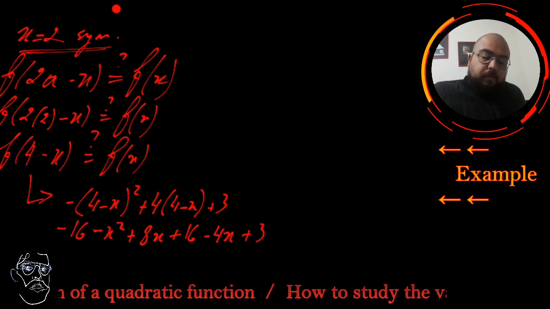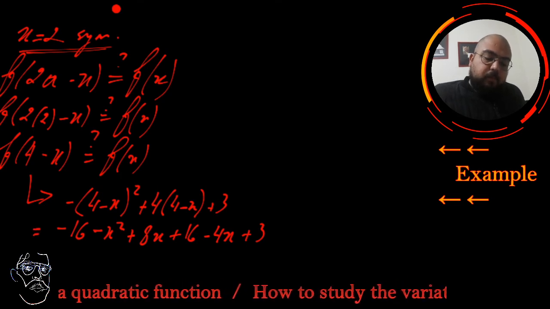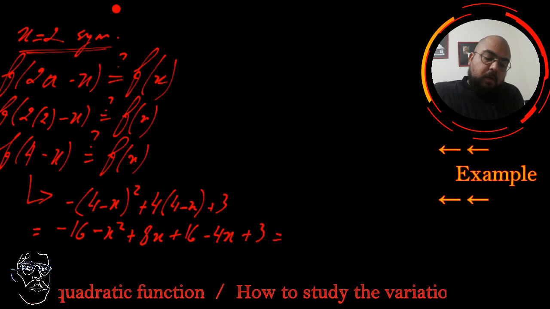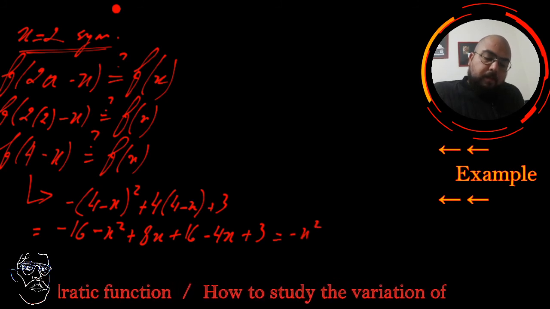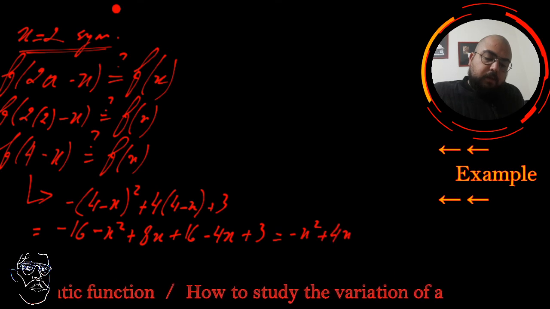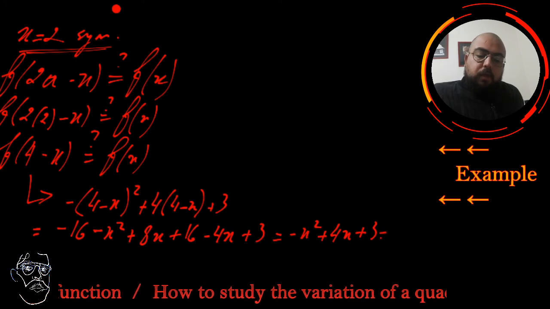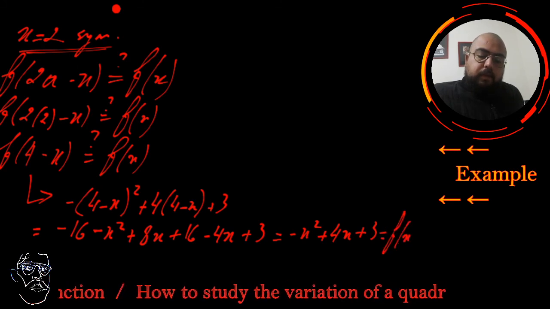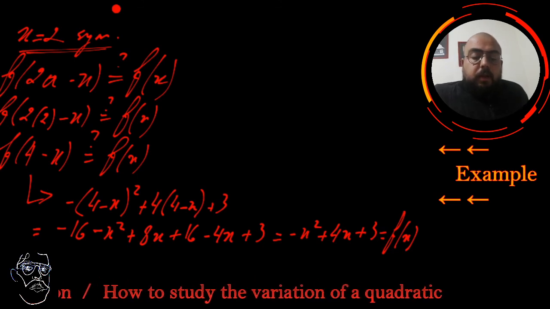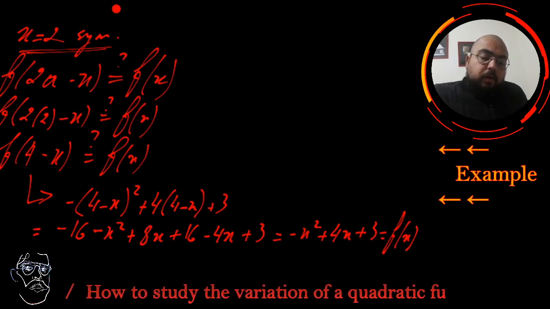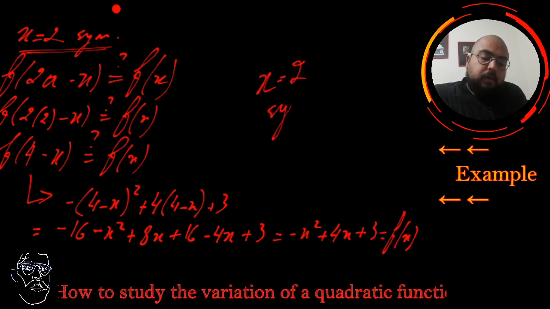So this will give me minus x squared plus 4x plus 3, which is equal to f of x. And this is how you can say that x is equal to 2 is an axis of symmetry.